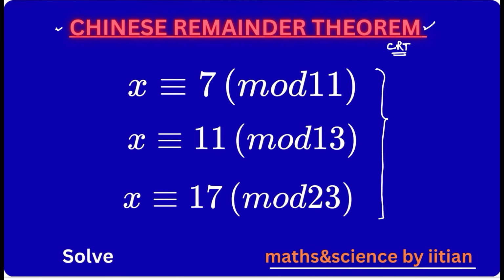We will be solving it and getting a common solution in the form of x equivalent to a mod m, where m is the overall modulus of the system of congruences.